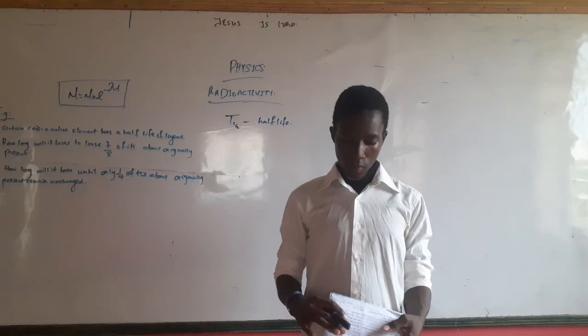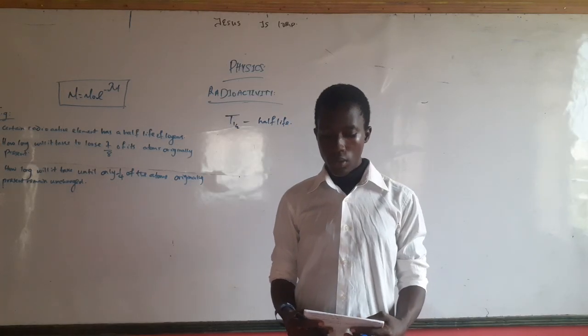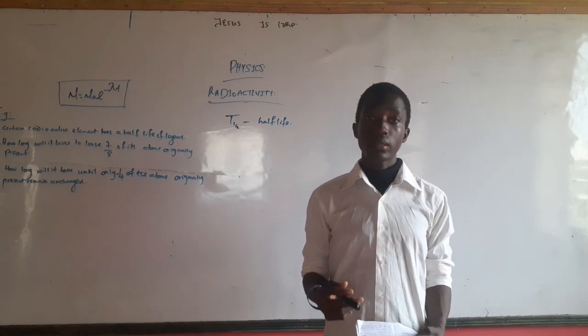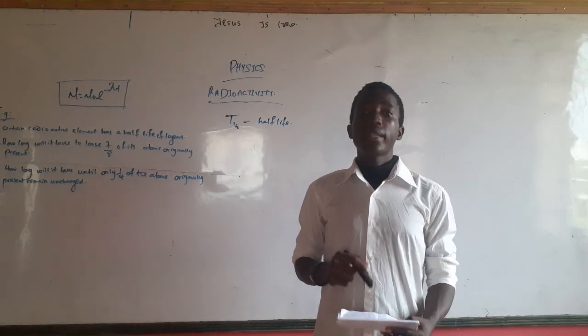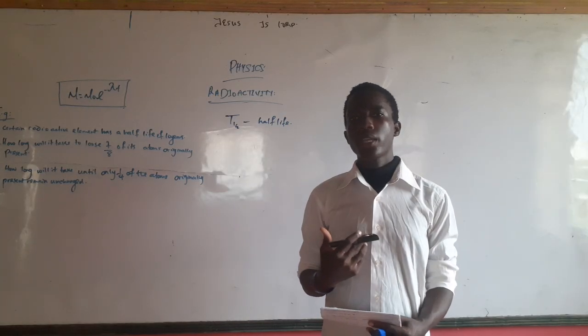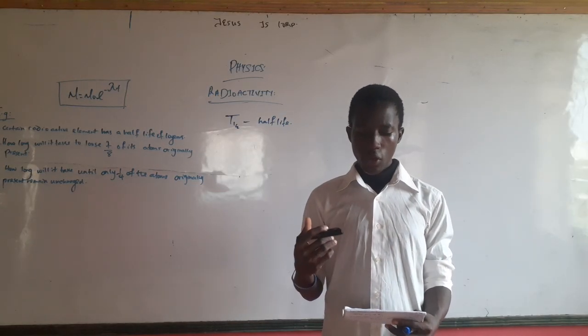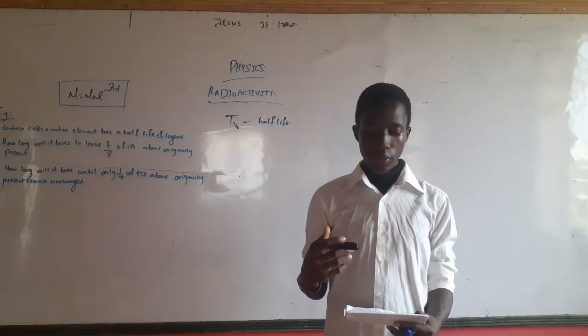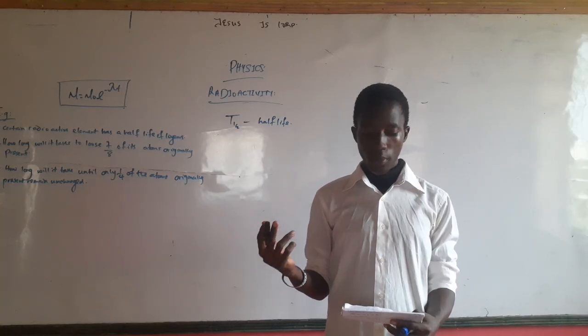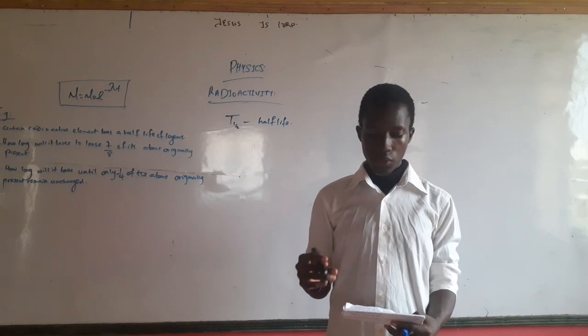There's another thing we call the decay constant. Whenever you hear about decay constant, this is what it means. The rate of decay of radioactive elements is found to be proportional to the number of atoms of the material present.